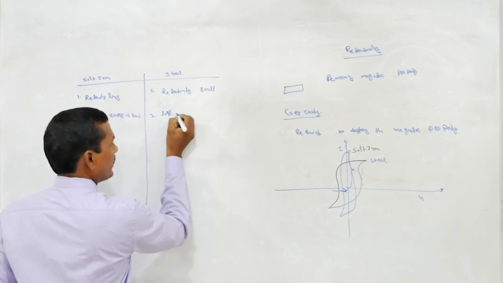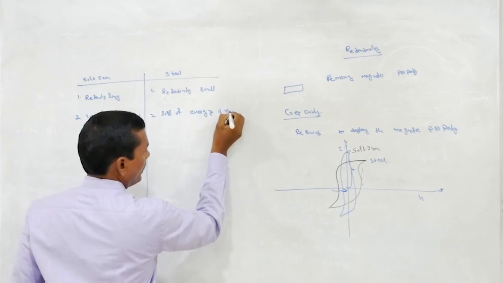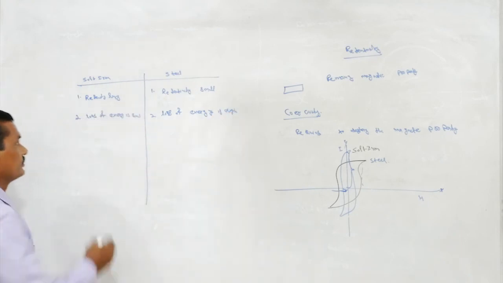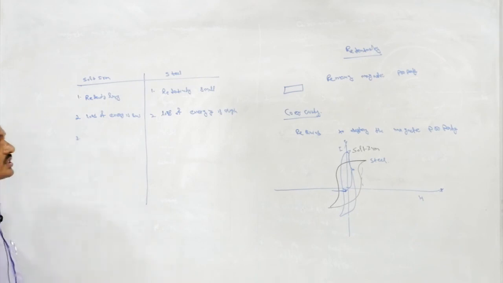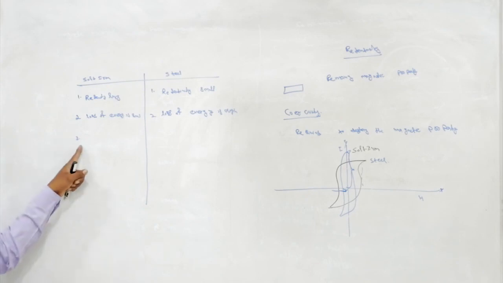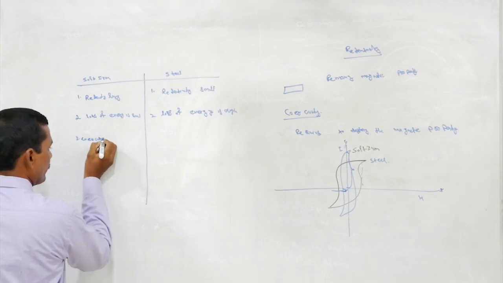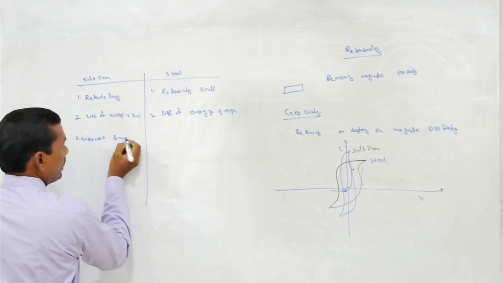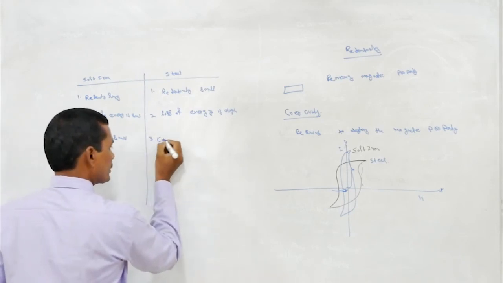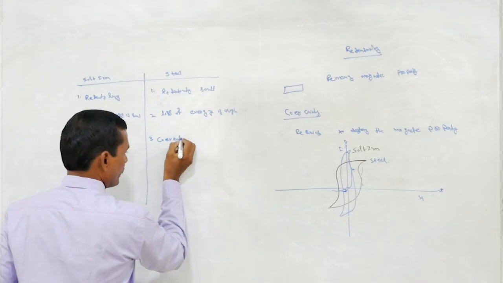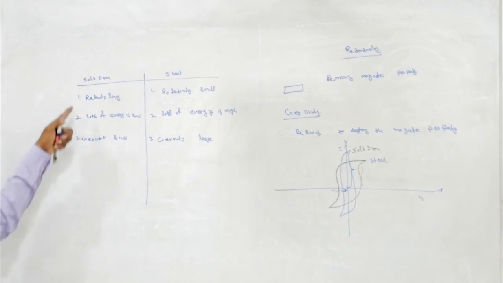For soft iron, the coercivity is small. For steel, coercivity is large. So these are the examples.